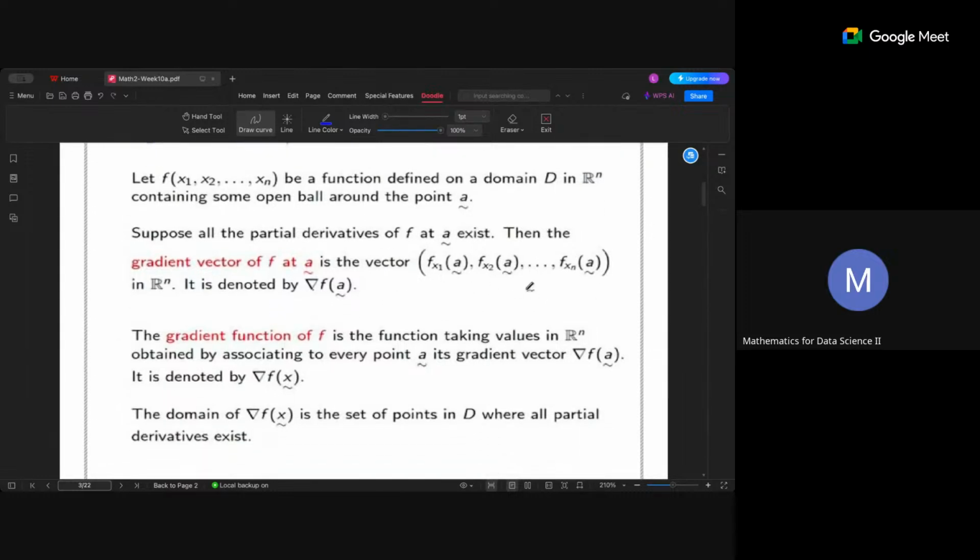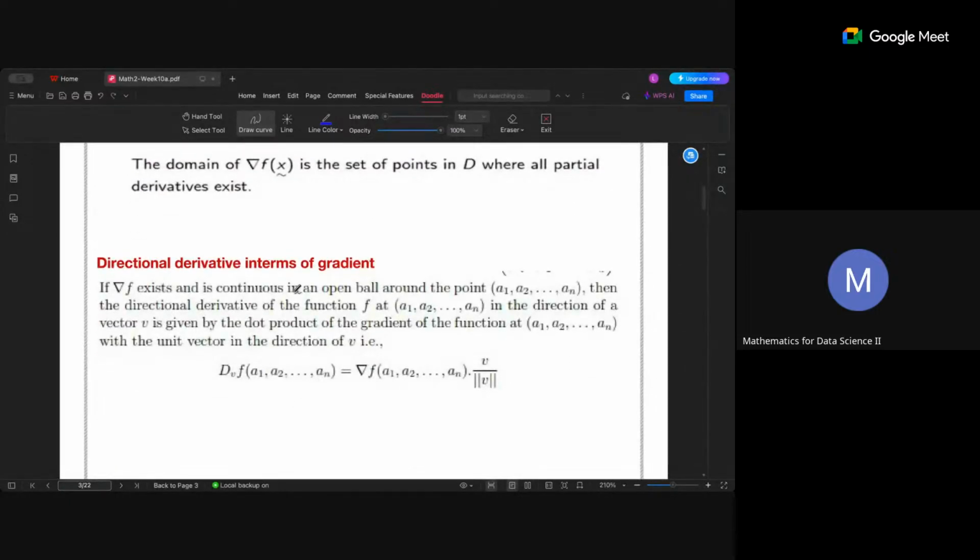So this is the gradient vector. You see that directional derivatives can be found in terms of the gradient. The directional derivative along the unit vector in the direction of v at the point a tilde is given by the gradient of f at a tilde dot product with the unit vector in the direction of v.